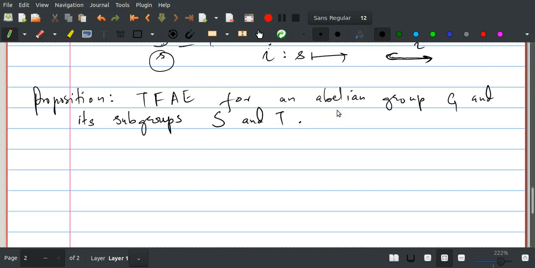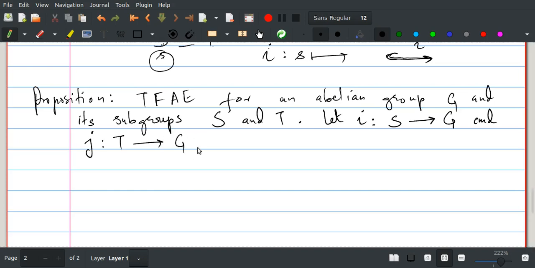It is given that I from S to G and J from T to G are inclusions.